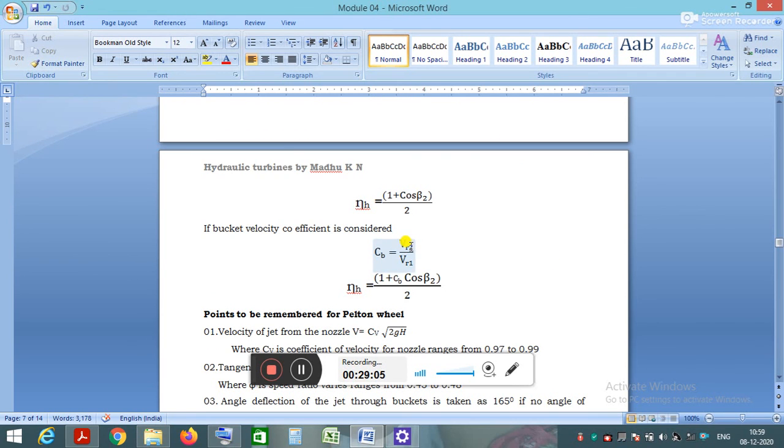If there is any variation, if the blades are not smooth, if the friction of the blades is considered, then the ratio of relative velocity of the blade is given by Cb equals VR2 by VR1, and the hydraulic efficiency is given by (1 plus Cb cos beta 2) by 2. This is the equation for hydraulic efficiency of a Pelton wheel. Okay, that's all for today. We will discuss in the next class.